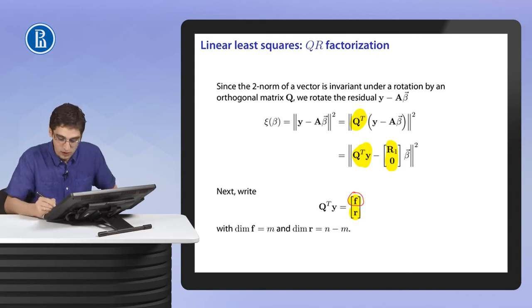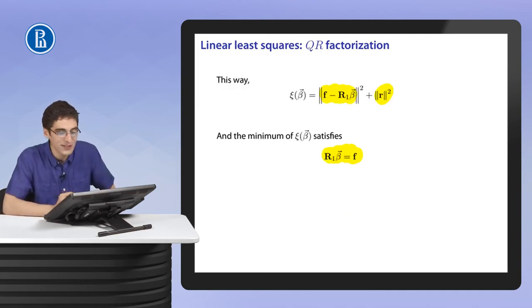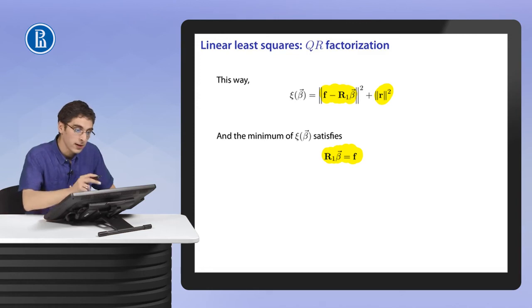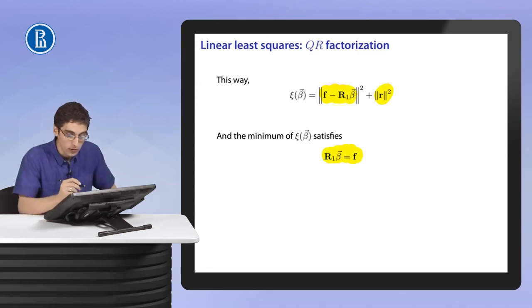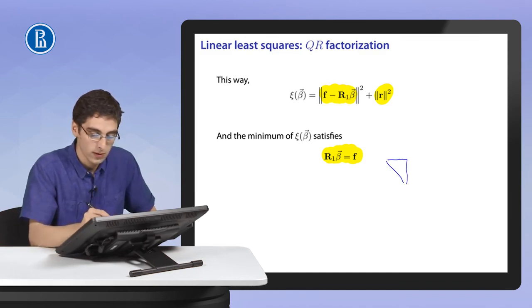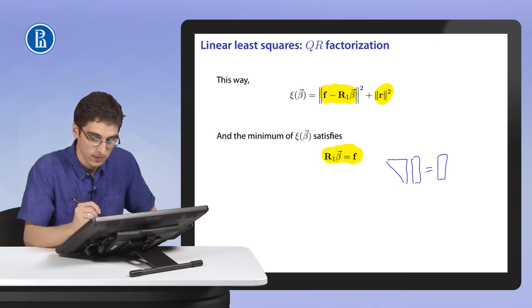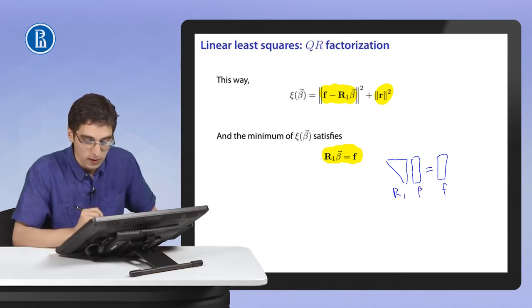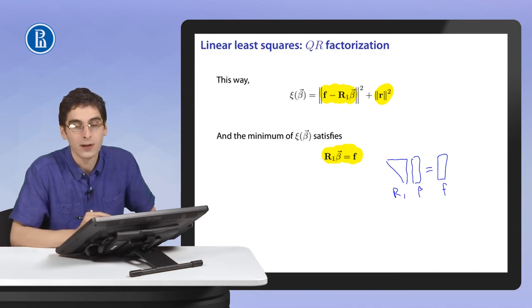And R1 is the triangular part of the QR decomposition of A. So graphically, this system of equations looks like this. This is f, this is beta, and this is R1. So it can be just solved by back substitution very easily.